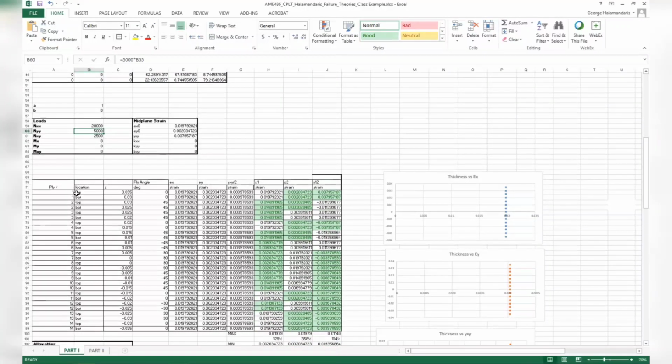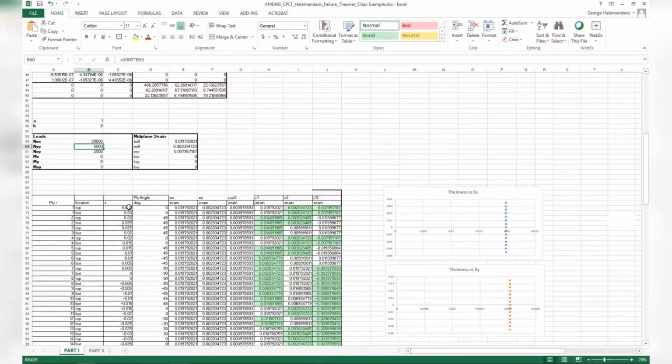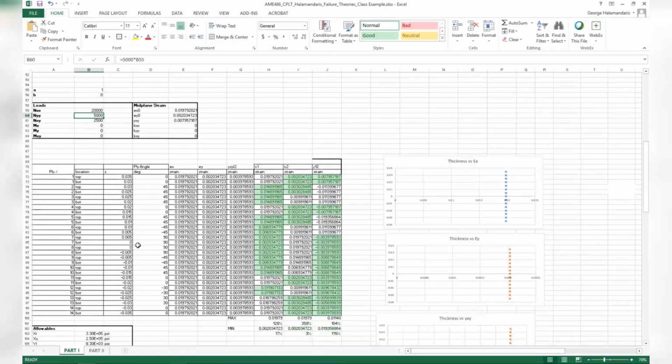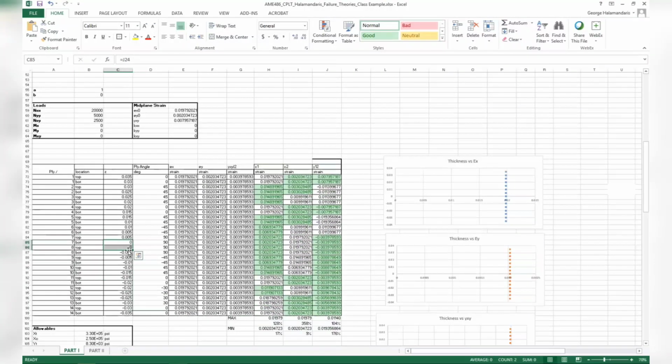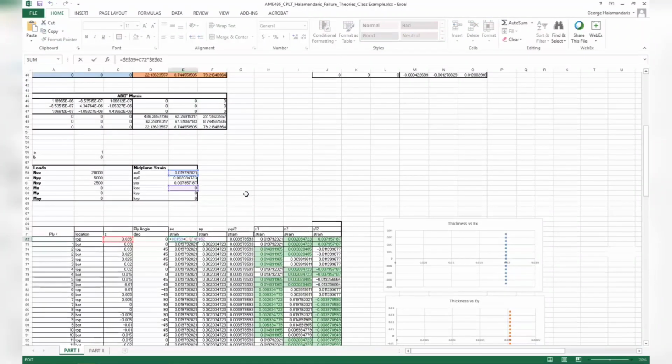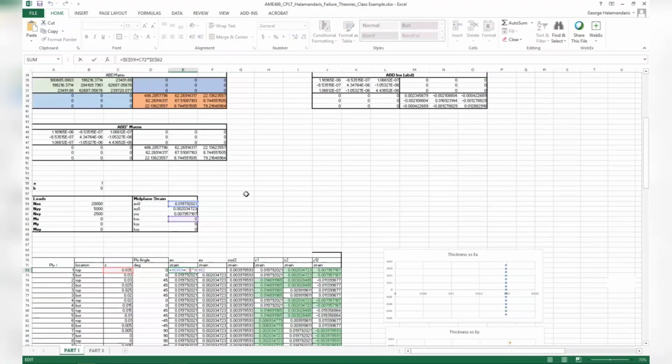You can see here I have the top and the bottom of the ply, and then I also have the thickness or the Z station where you are in relation to the midplane. So midplane 0, and you start building up to 0.035 and building down to negative 0.035.